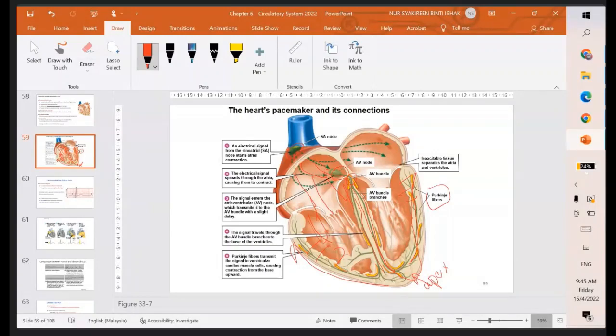Kenapa tak boleh daripada ventricle tu contract daripada datangnya impulse tu daripada atrium ke bawah? Kenapa nak kena bawah ke atas? Sebab dia nak increase pressure ke? Tapi kalau daripada atas ke bawah tak boleh nak increase pressure.